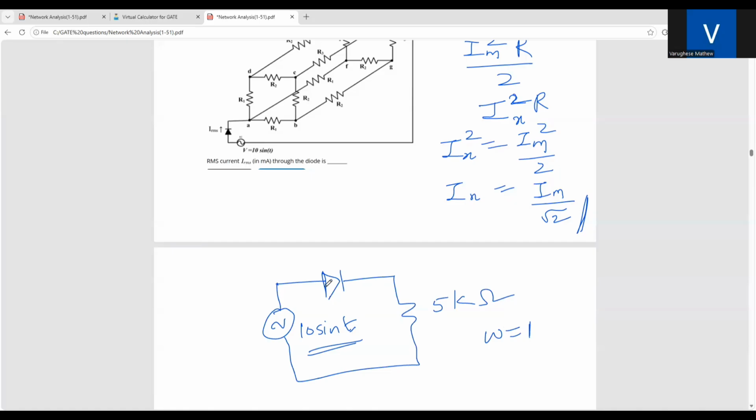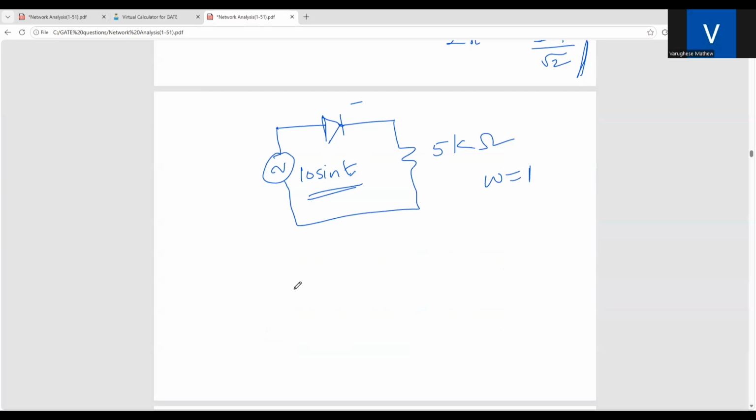And this is a half-wave rectifier. So positive half cycle, this will conduct. Negative half cycle, it will not conduct. So current will flow only in the positive half cycle. The current waveform will be 10 divided by 5 kilo ohm, that is 2 milliamp. So the peak will be 2 milliamp. Then negative half cycle, there won't be any current. Then it will be like this. So let me call this Im.